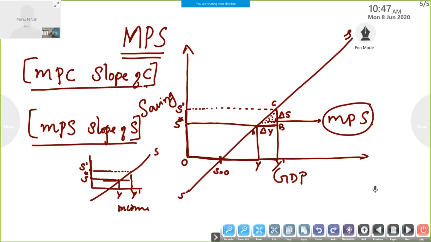Then from here to here, this is additional level of income and this is additional level of saving. This part shows the slope of saving curve.